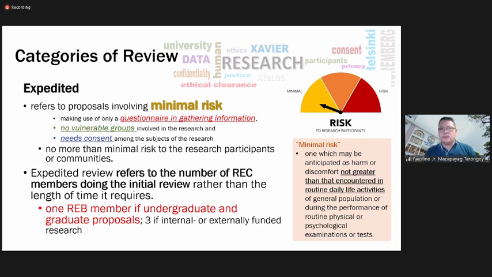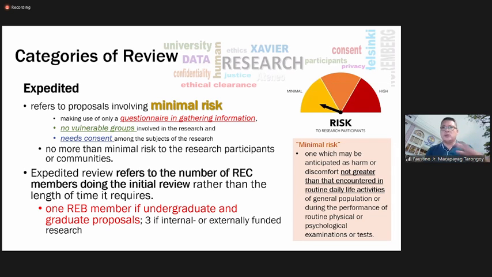Examples of those activities are when you are getting data from a questionnaire. When you are distributing a questionnaire to your selected participants, and then they answer your questionnaire. And then there are no vulnerable groups. An example of vulnerable groups would be underage, minors. Those are considered vulnerable groups.